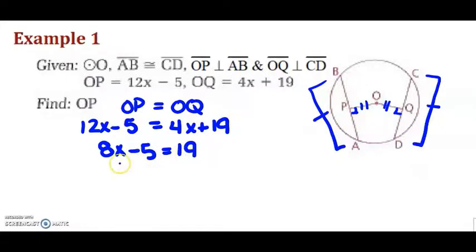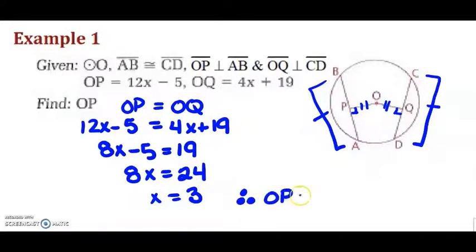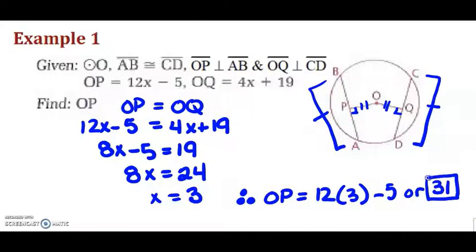Now add 5 to both sides, I get 8x equals 24. Divide both sides by 8, I get x equals 3. Therefore, OP is equal to 12 times 3 minus 5, or 36 minus 5, which is 31.